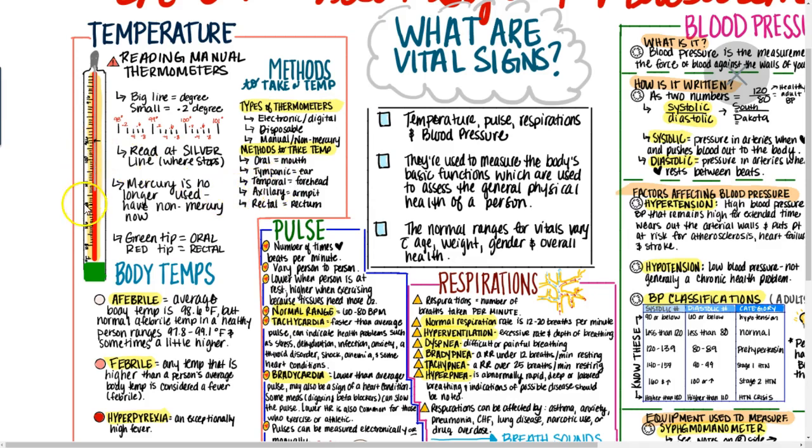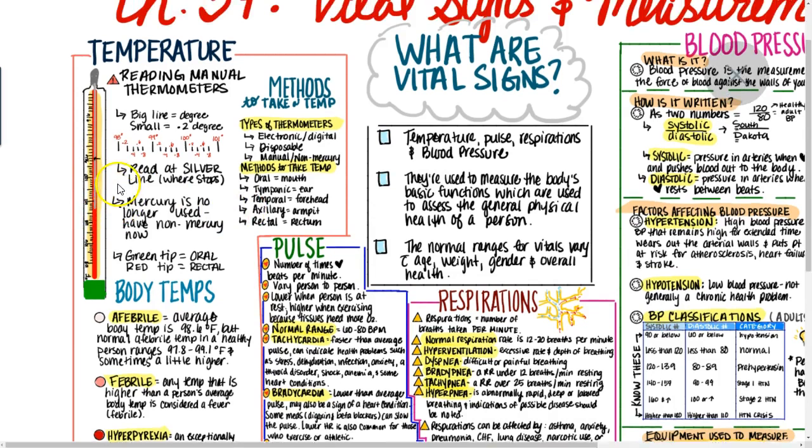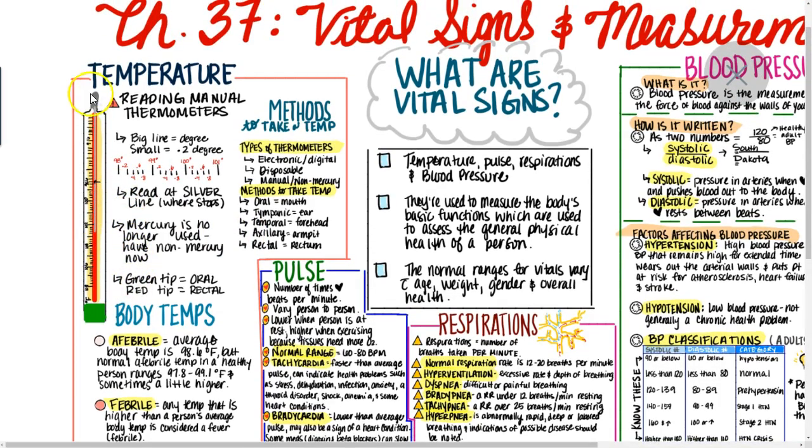So talking about those manual thermometers, I think there's probably a better term than manual for them. I don't know the actual term for this type of thermometer, but these thermometers require you to read the mercury on them, though mercury is supposed to have been done away with in 2017.